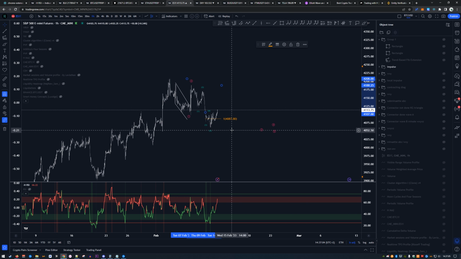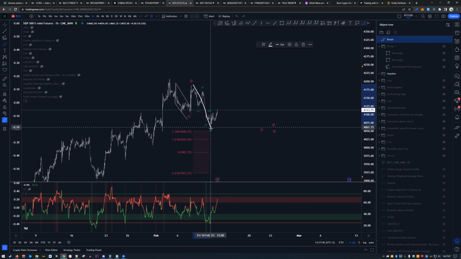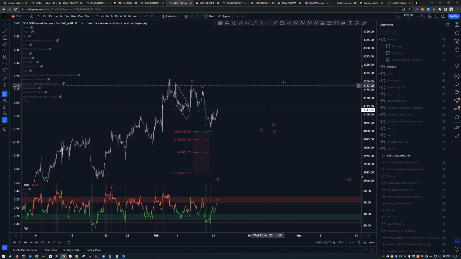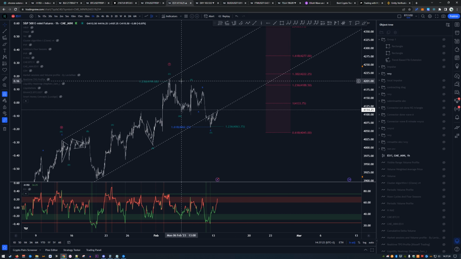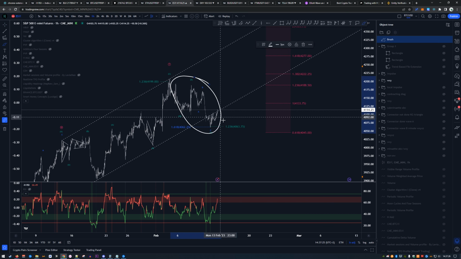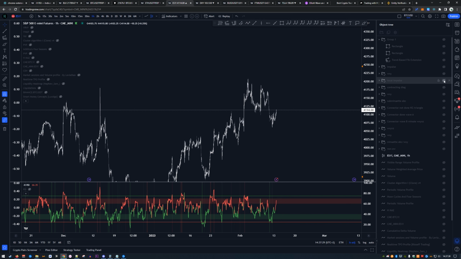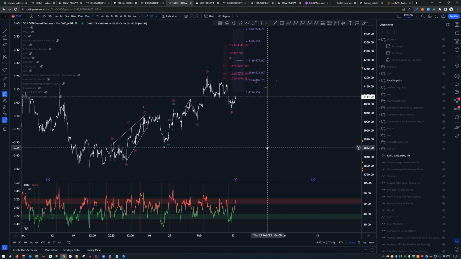As we do go beyond, the second smaller degree structure would be larger than the higher degree structure, which is generally not something you'd expect. So if you still want to label this in five waves, you would have this as an ABC, which is very similar to the WXY counterpart that we had here.